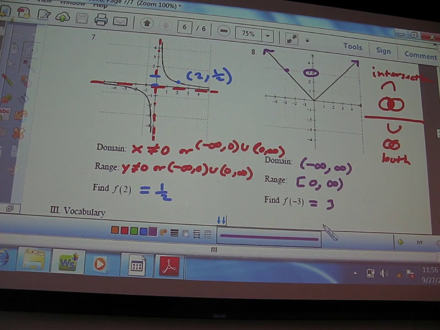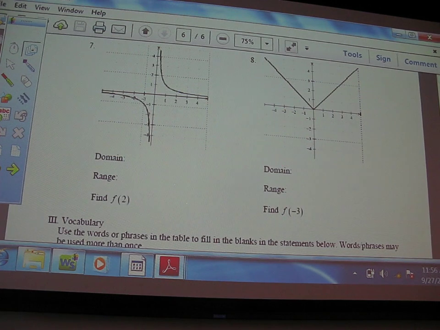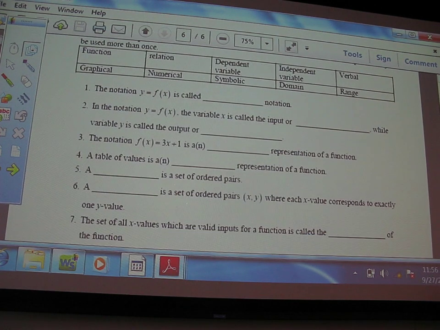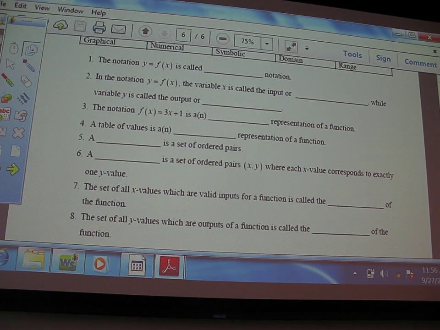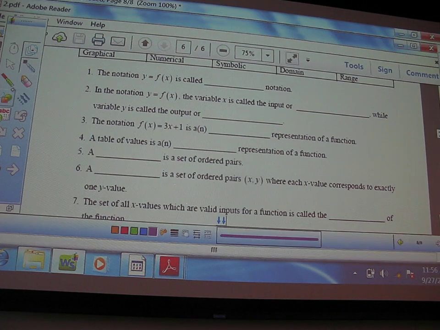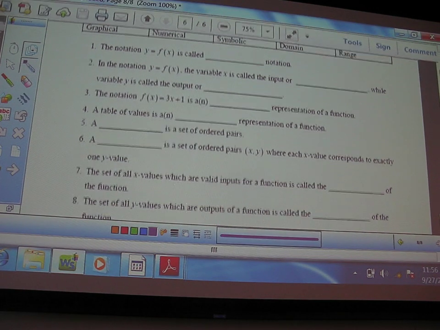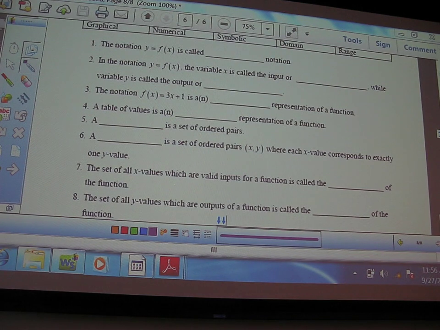Okay, good. So let's take a look at the vocabulary. Vocabulary is super tricky, so that's where we're going to do it together. All right, so the notation y equals f of x.